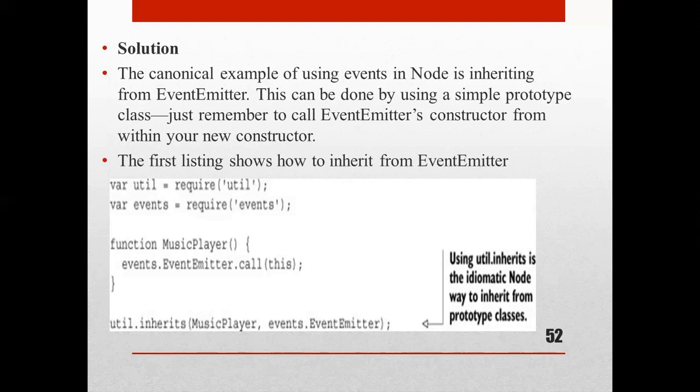First we have to import the utility module, where util equals require, using the require function. Then we import the events module for the event emitter. For the inheritance we have to import the utility module. Remember this. Here one function is there; as I said, we are going to see the example of a music player.